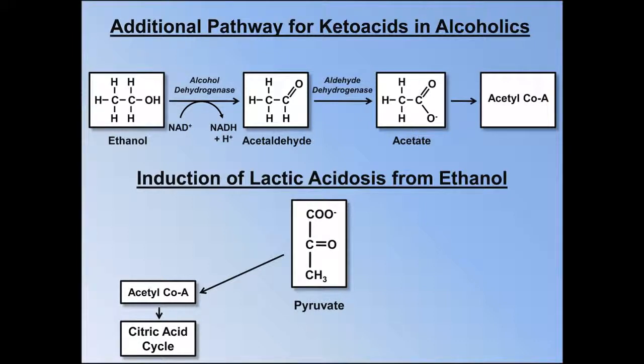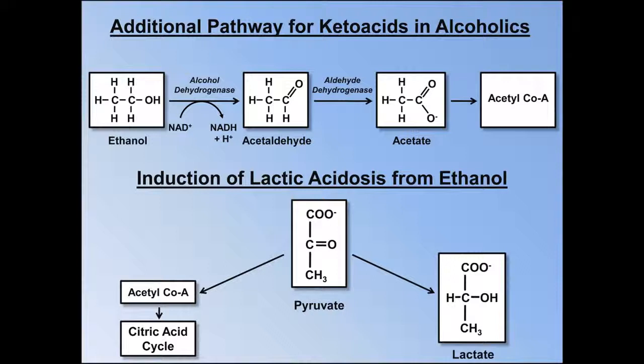Alternatively, pyruvate can be reduced to form lactate. The former reaction requires NAD and converts it to NADH, while the latter reaction requires NADH and converts it to NAD. Thus, one of the major determinants about whether pyruvate enters the citric acid cycle or is diverted into the formation of lactic acid is the relative concentrations of NAD and NADH.